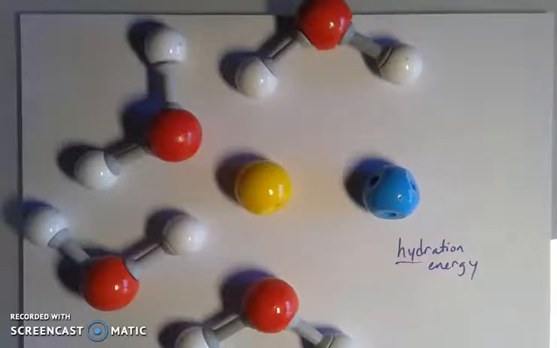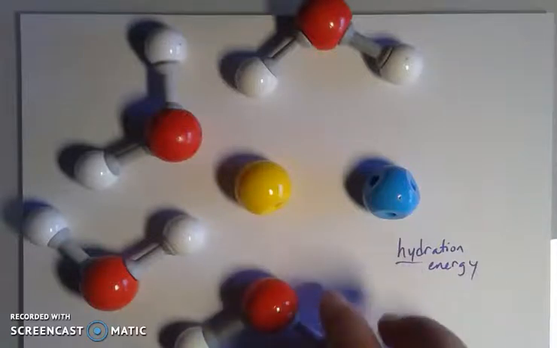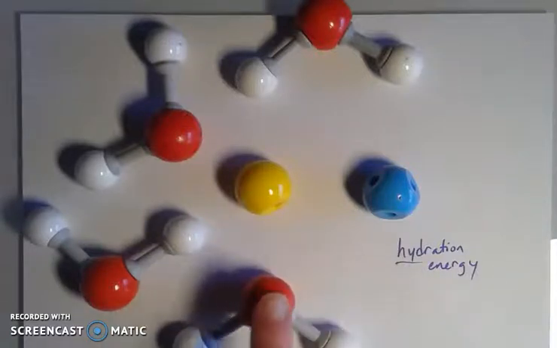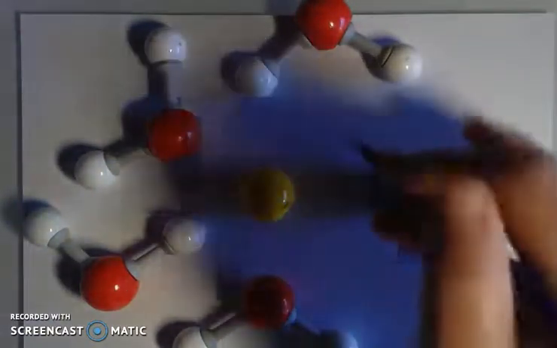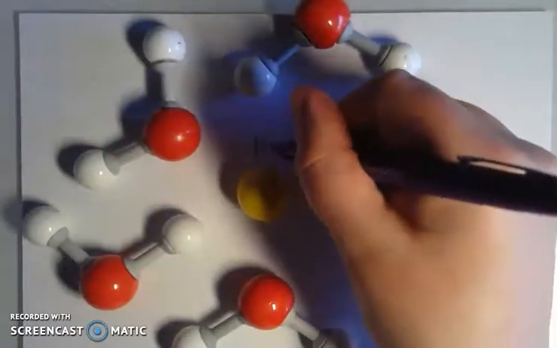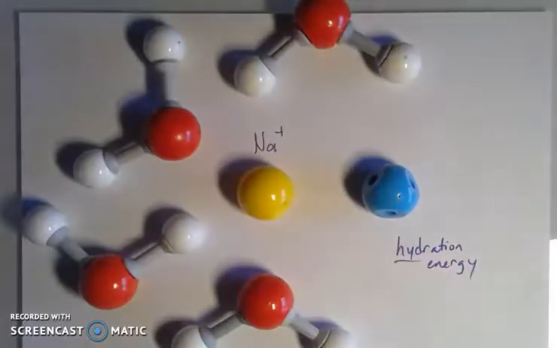So it's how strongly attracted an ion is to the water. So because of this hydration energy, there's this attraction between the partially negative oxygen and my sodium plus here. So let's call this my sodium, just for clarity.